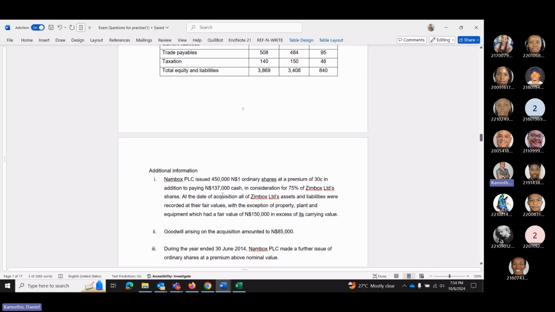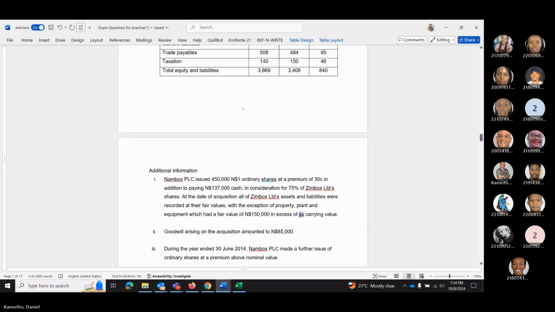At the date of acquisition, Zim's assets and liabilities were recorded at their fair value with the exception of property, plant, and equipment, which had a fair value of 150 in excess of its carrying value.